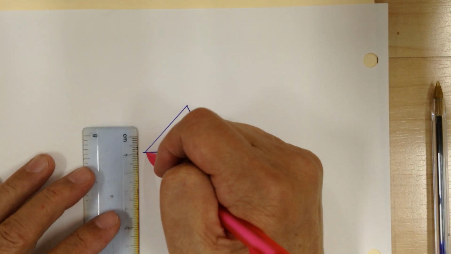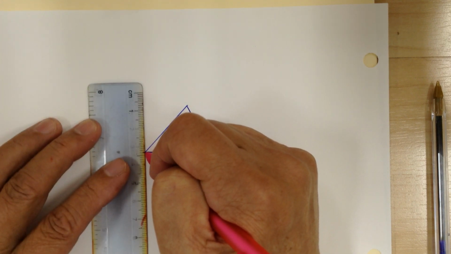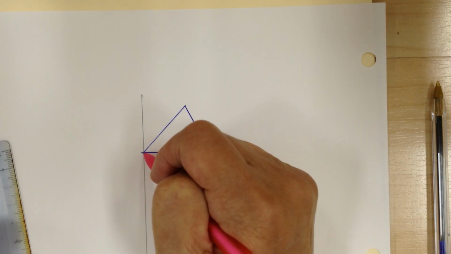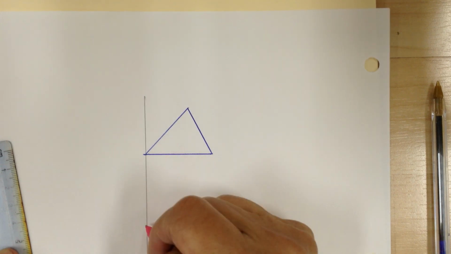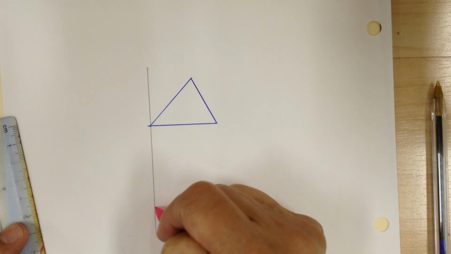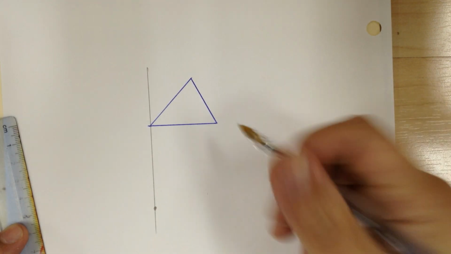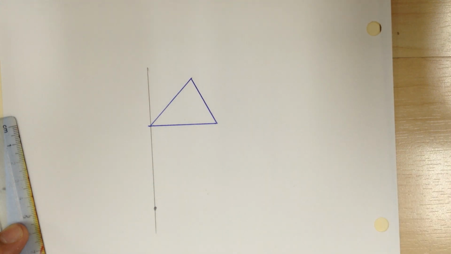So pick any reference point, and you want to slide down by this much. I can just pick any random distance, so you want to slide down this much.